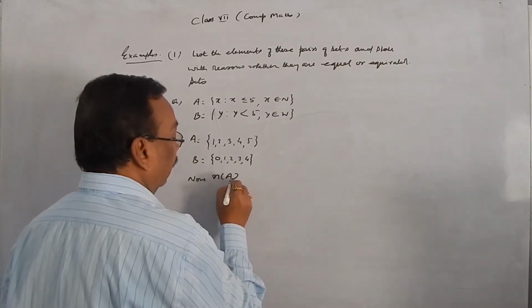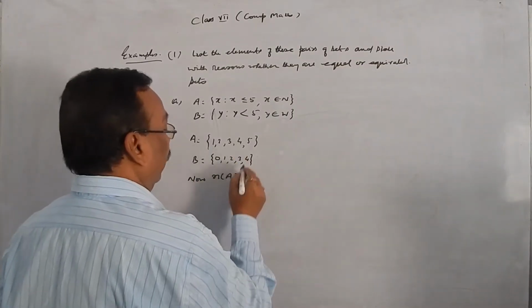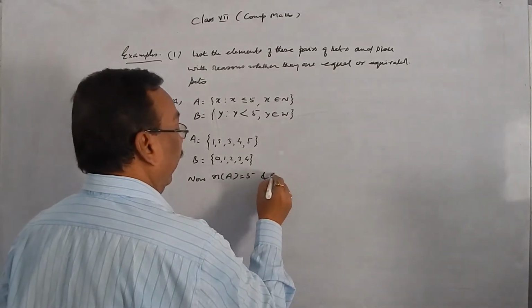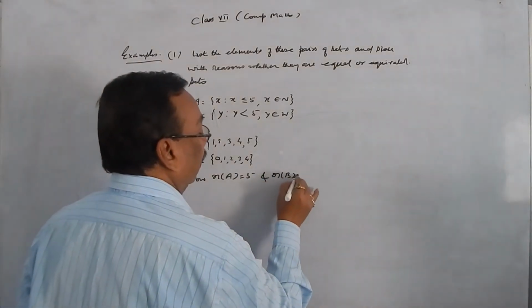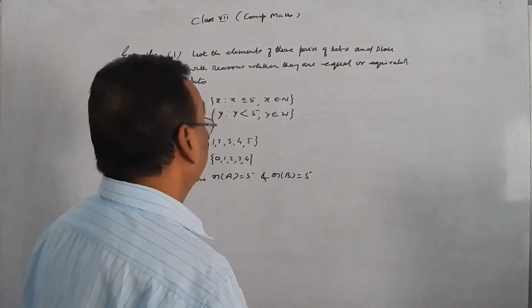Now n(A) equal to 5 and n(B) equal to 5.